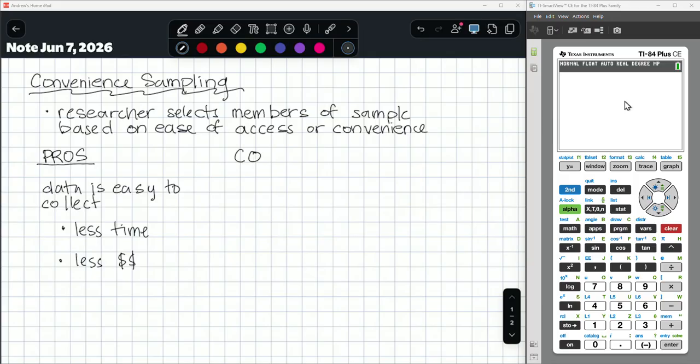And the issue is, what are the cons? The big one is my sample is subject to bias. My sample is not representative of the population that I drew it from.